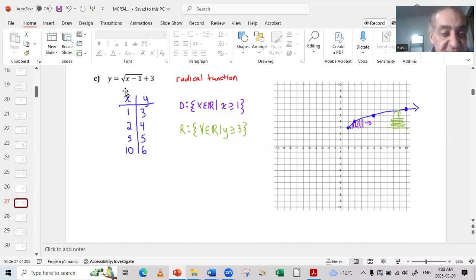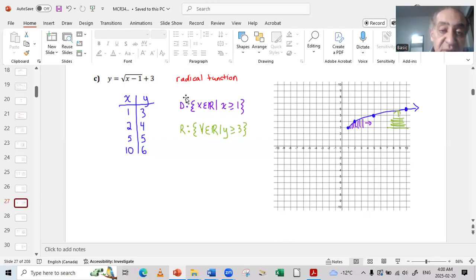The reason is that if I put x as, for example, 0, then 0 minus 1 gives me minus 1 under the root. This is impossible. Roots are always for positive numbers, no roots for negative numbers. So I have to keep this in mind.